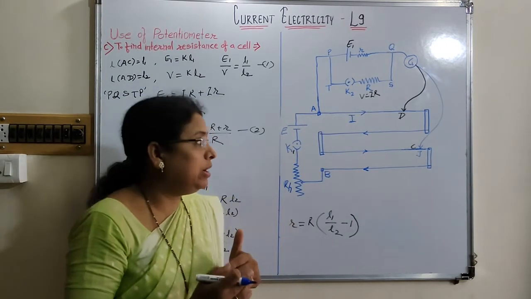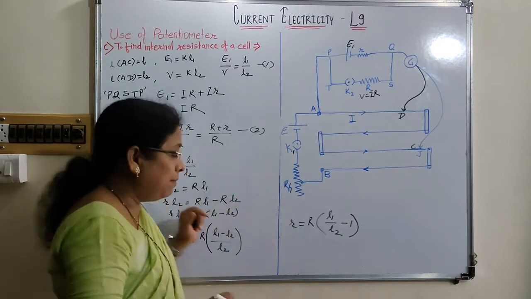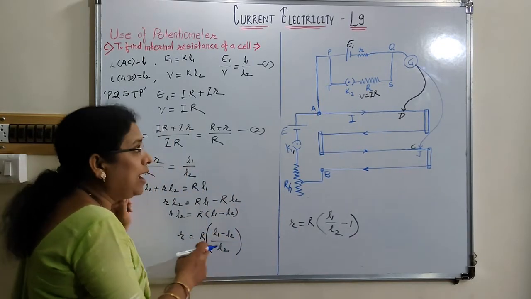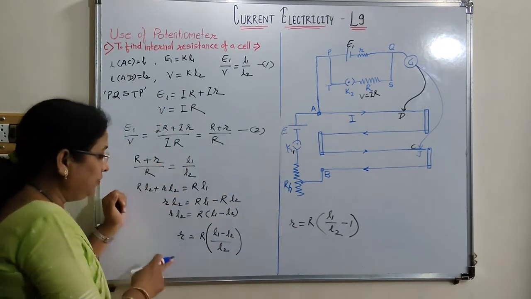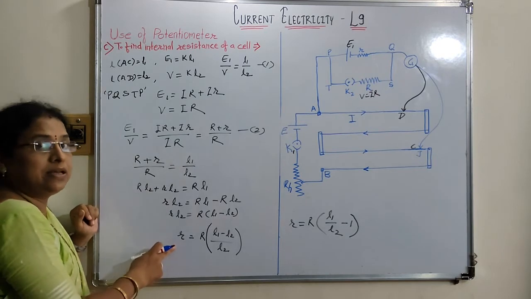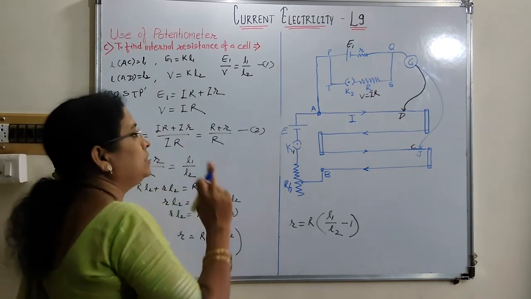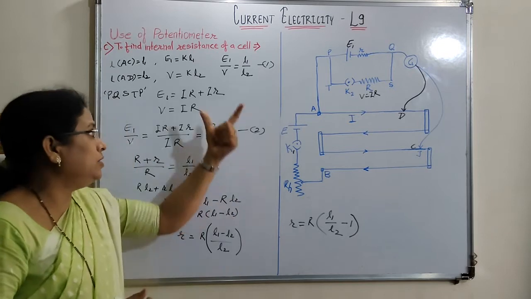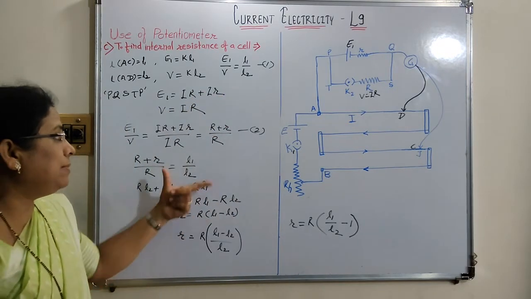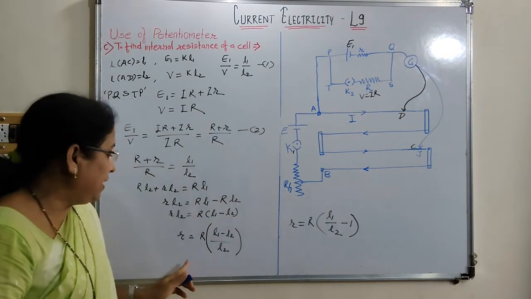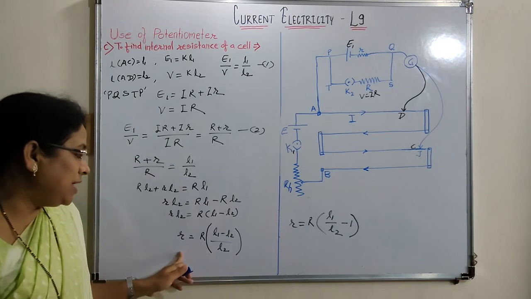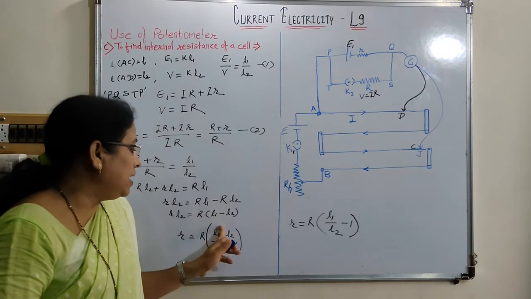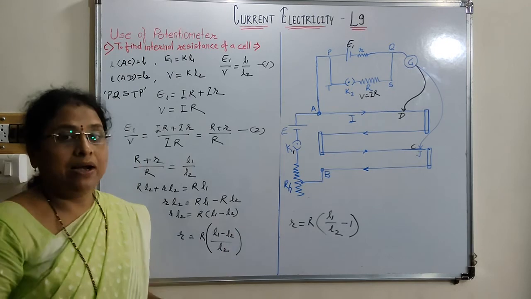By knowing the values of L1, L2 and R, we will find the internal resistance of the cell, small r, by using some equations. We can find this final equation: small r is equal to capital R into (L1 minus L2) upon L2.